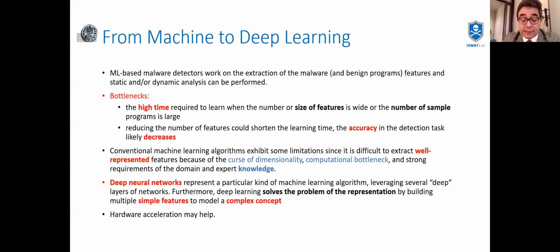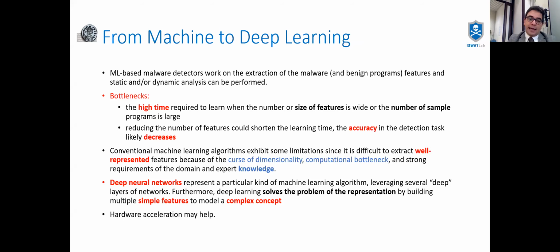We have also other problems in machine learning because we can have problems related to the curse of dimensionality. We have problems caused by the computational effort of the machine, and we need a strong knowledge of the domain.